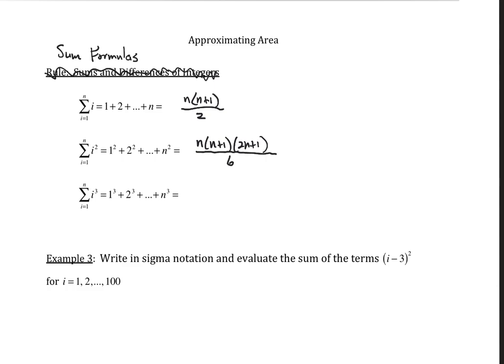And lastly, if instead of squaring all the terms, you cubed all the terms, you would get n times n plus 1 divided by 2, quantity squared. So we're going to need these formulas to solve problems in the future. I just wanted to tell you about them right now.